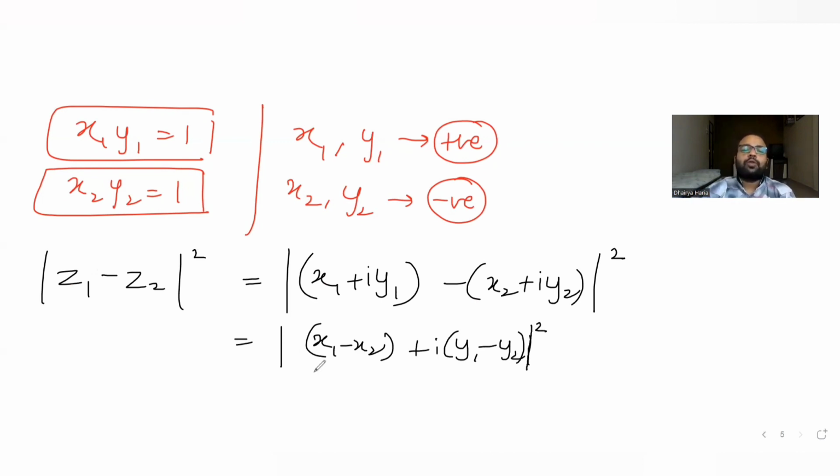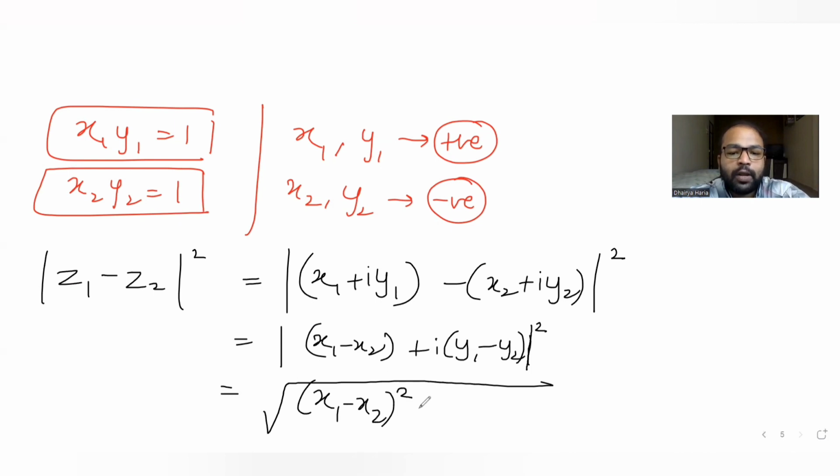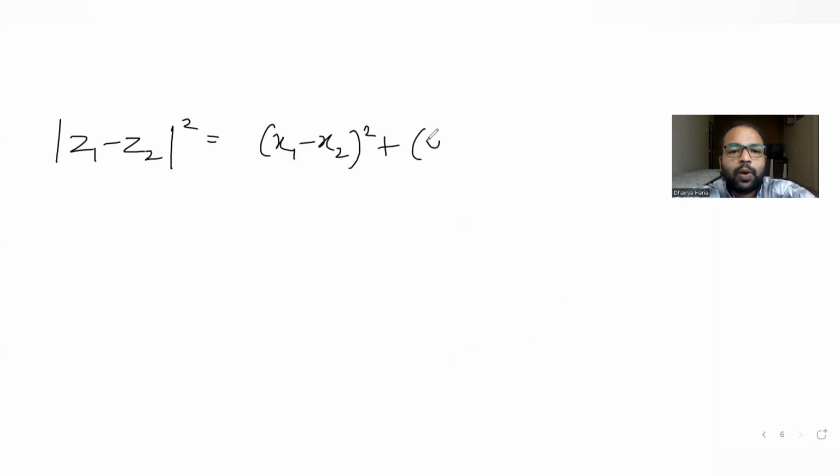So we already know that mod of anything is the square root of the real part squared plus the imaginary part squared. So real part in this case x1 minus x2 square, the square of the imaginary part, the square of y1 minus y2. This whole thing is again squared. So square and square root get cancelled. We get the value of the expression mod of z1 minus z2, the whole square, becoming x1 minus x2 square plus y1 minus y2 square.